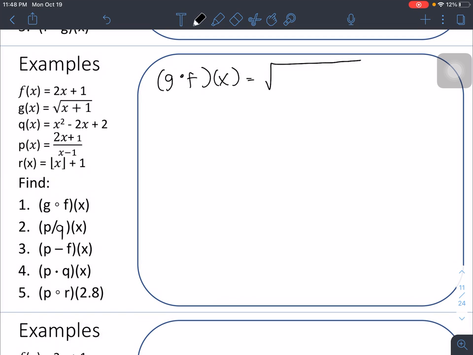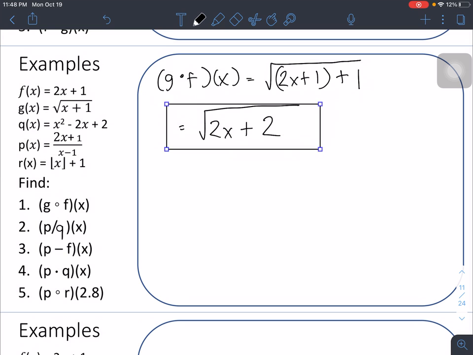So replace all x with the f of x. So this will be the square root of 2x plus 1, then plus 1. So simplify. This will be the square root of 2x plus 2. So this will be our final answer.